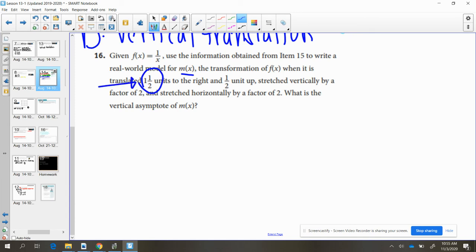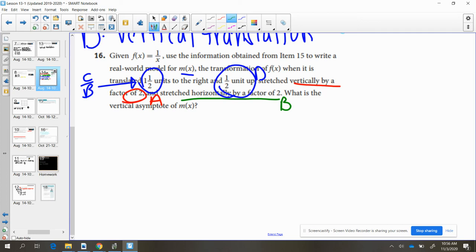So this is our c over b value, right, is 1 1/2, or 3/2 would be your c over b. And then we have a vertical translation here using that 1/2 up. It's stretched vertically by a factor of 2, so there's our parameter a, and then stretched horizontally by a factor of 2, so there's our b value.